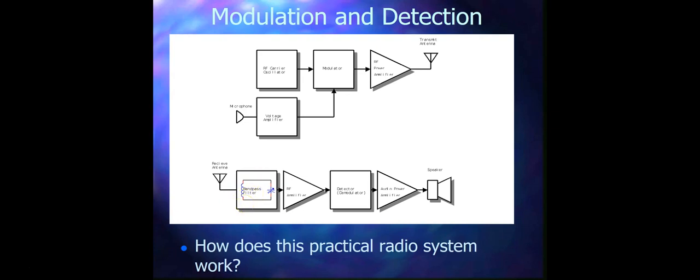Most receivers usually use an LC resonant circuit as the bandpass filter, and one such example of an LC filter is shown here. There are thousands of signals reaching the receiver's antenna at any given instant, and yet the receiver must reproduce only one of them.